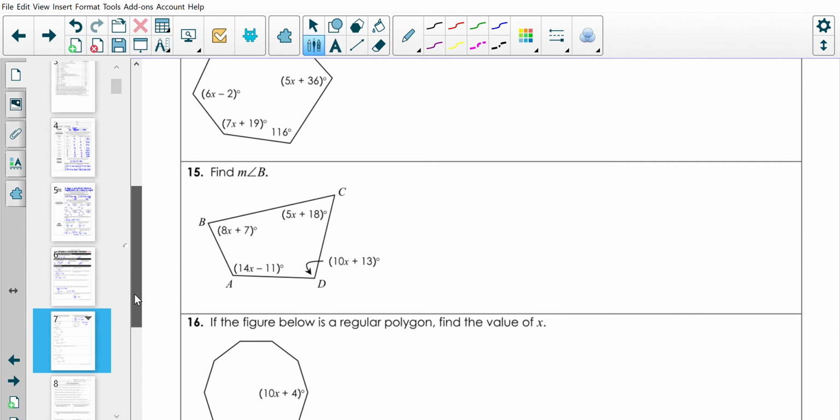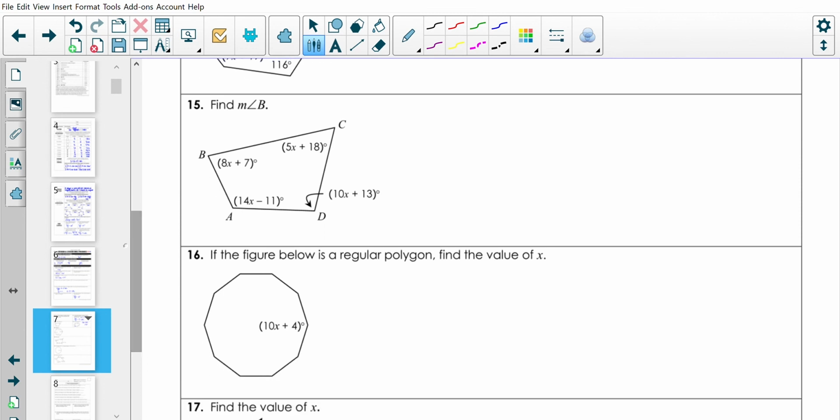All right, number 15. We need to find the measure of angle B. What are we going to have to do first? Algebra. Add them all together, equal to 360. It is a quadrilateral, so it equals 360.